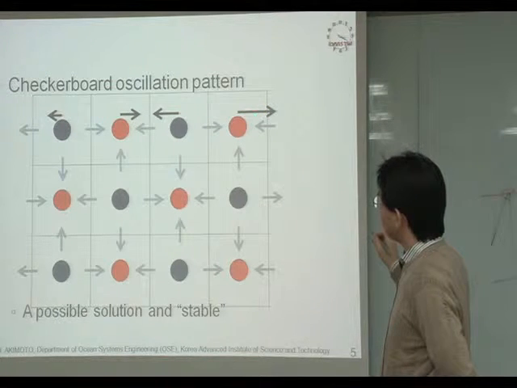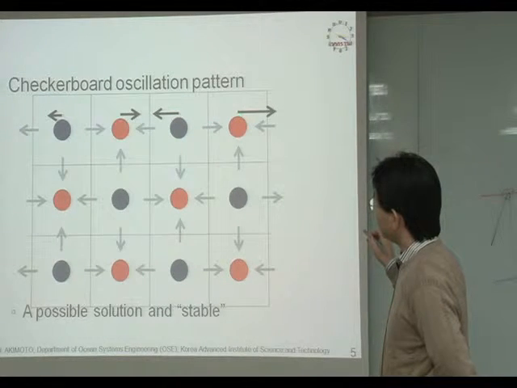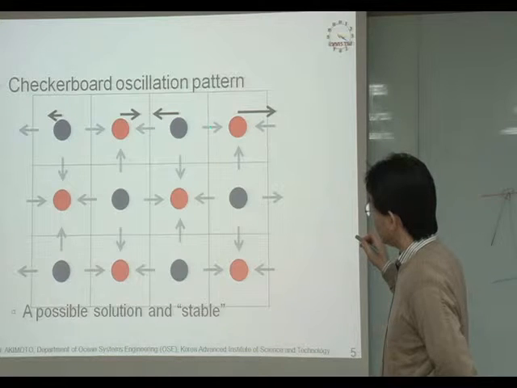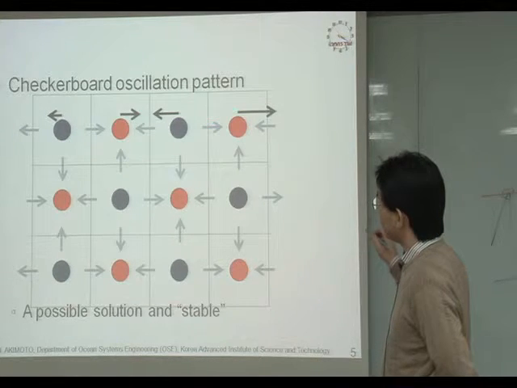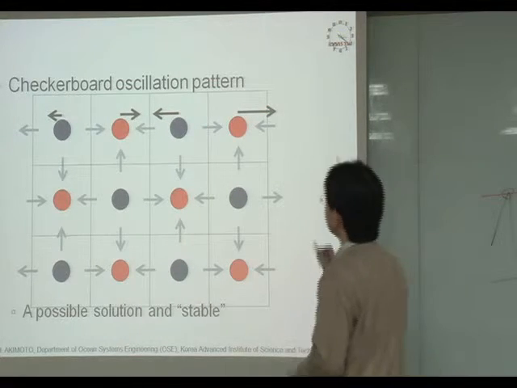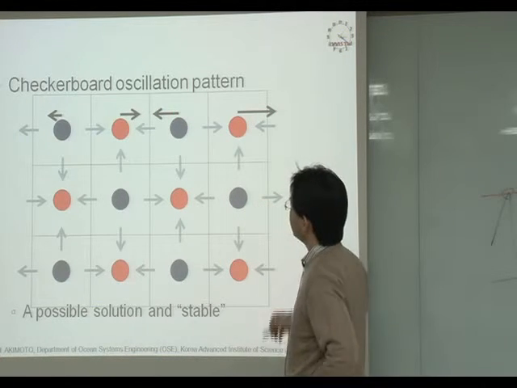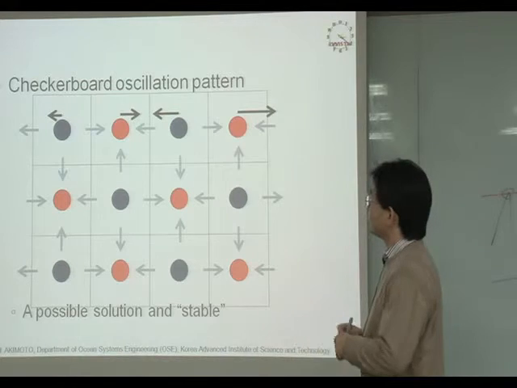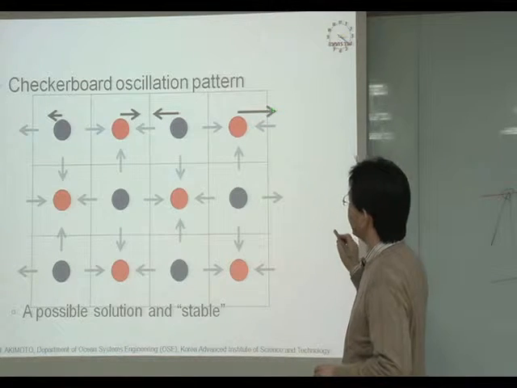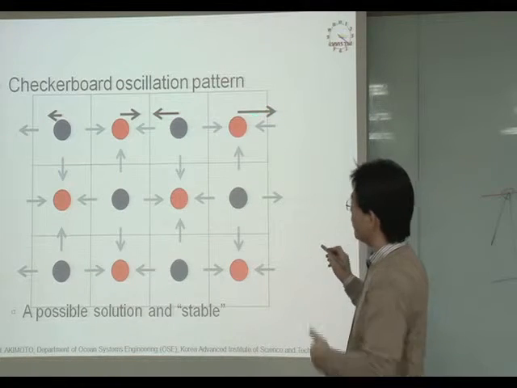So positive velocity minus negative, so the resultant velocity here is the difference of vector magnitude. This vector plus this vector shows the small remaining of this direction velocity, and it is positive.